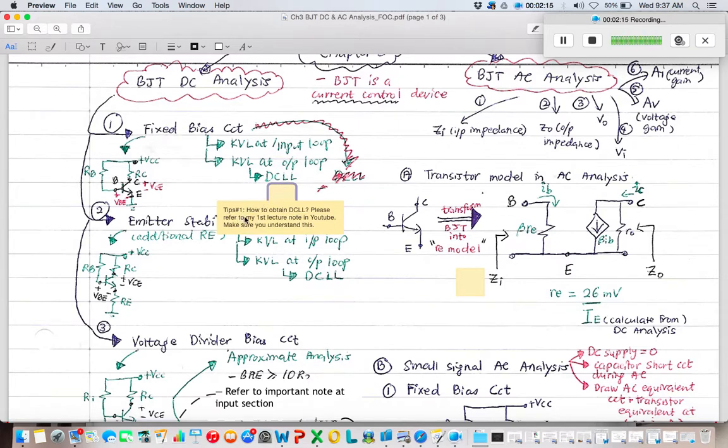So tip number 1, you need to remember or at least know how to obtain the DCLL. Make sure you understand this. I remarked that one.